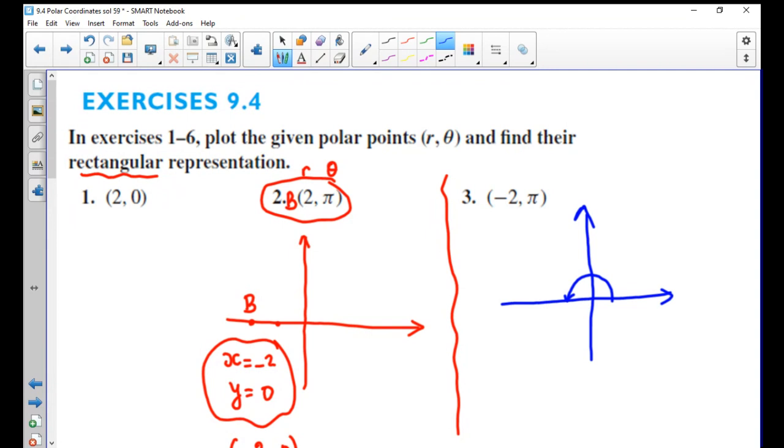And what is its distance from 0? So in fact, I'm going to come back to this point here. If I call this point C, then C is here. And you can see in that case that x will be 2 and y will be 0, like this.